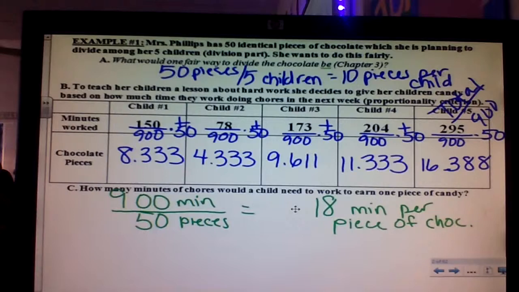The total minutes divided by the pieces tells you how many minutes per piece. You can use both ways. The only way you wouldn't be able to use the way that I said is if you haven't worked out the problem yet. Then you would have to do the 900 and the 50.